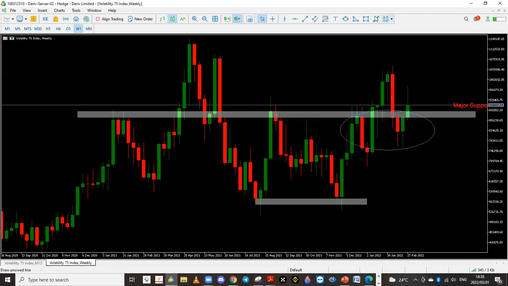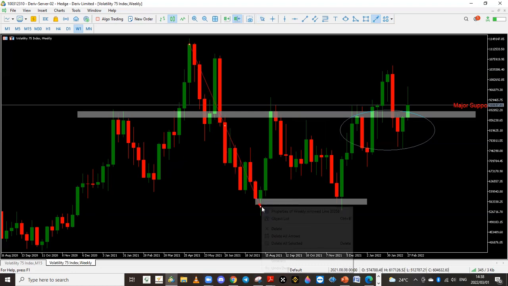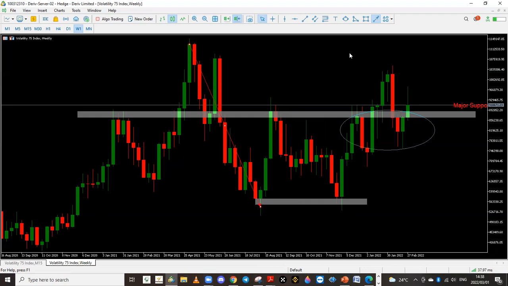As you know about double bottoms, for example, it started from the top, came down, went up, came down.